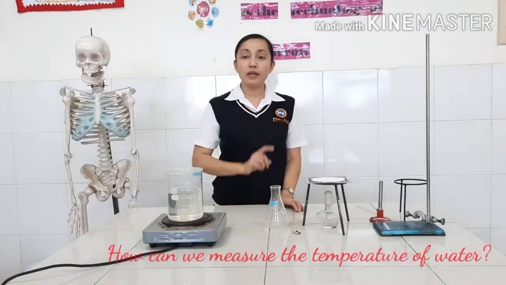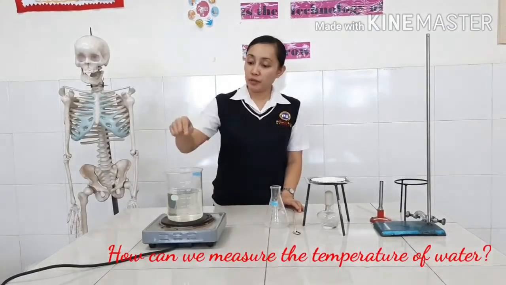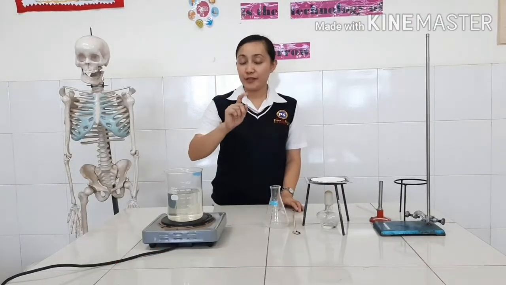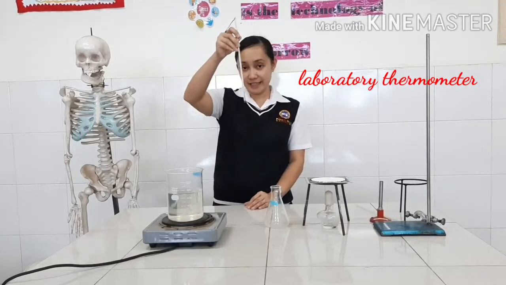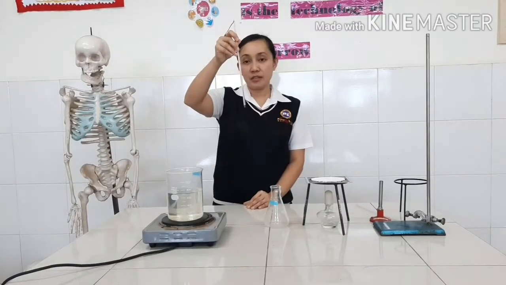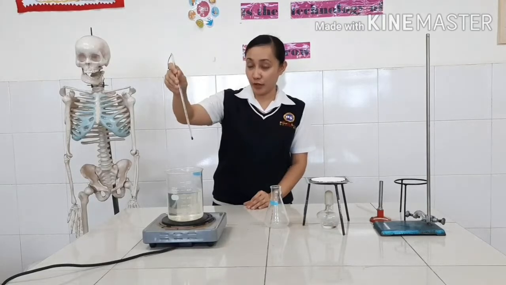Now, how can we measure the temperature of this water? Of course, by using a laboratory thermometer like this. Let me try to measure the temperature of this boiling water.